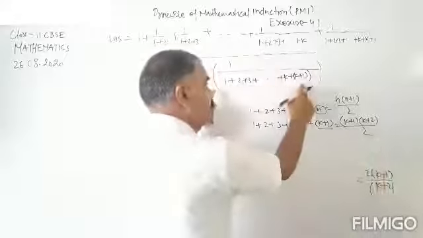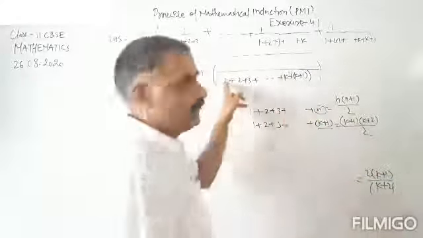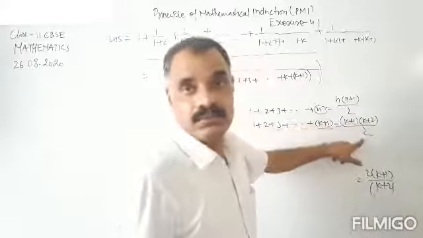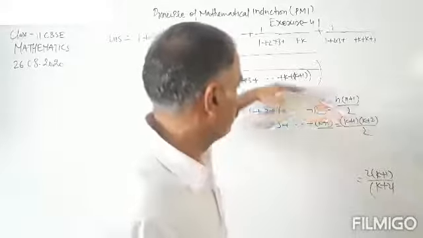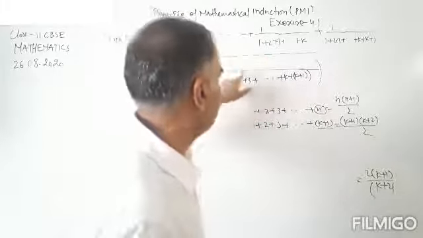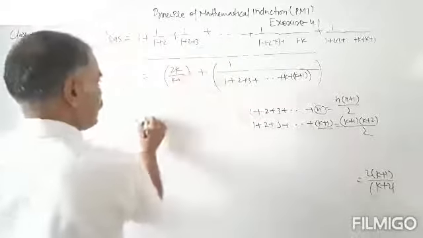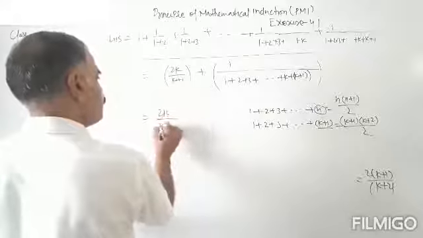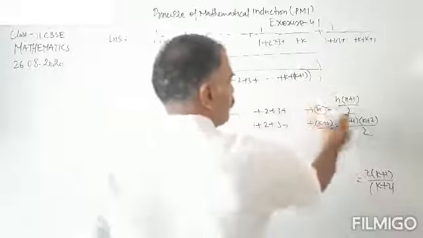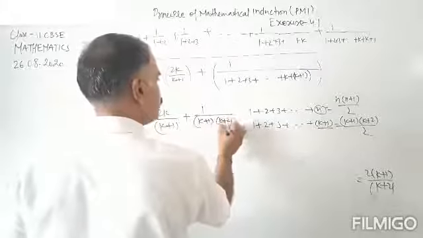So the sum of this series is k plus 1 into k plus 2 by 2. So put k plus 1 into k plus 2 by 2 in place of this. In place of this we will have 2k upon k plus 1 plus 1 upon k plus 1 into k plus 2 upon 2.